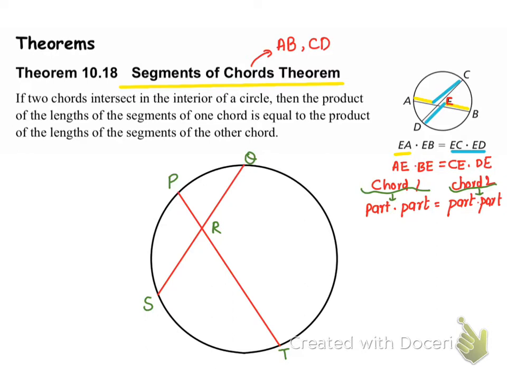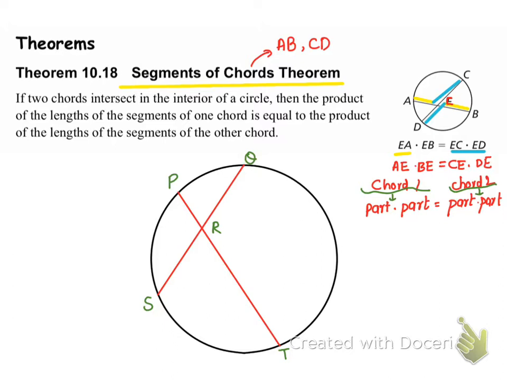Now if you already got it, you have a picture given here on the left-hand side. Stop the video and try to write the expression for segments of chords theorem, and you can always check it.